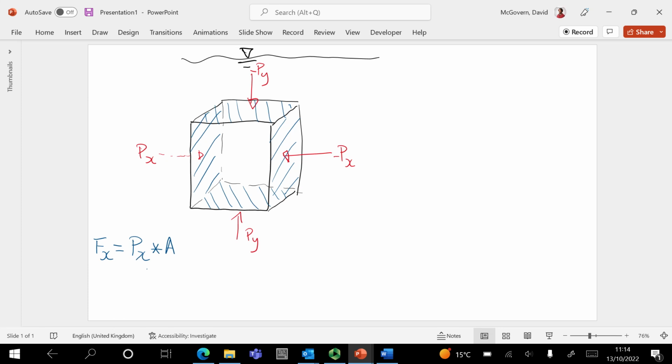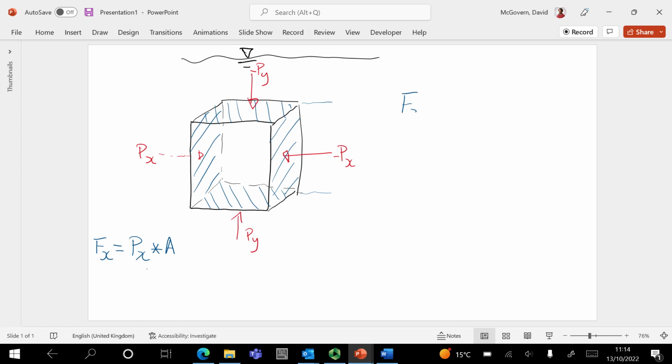Now, if this cube was really, really small, then we would know that the pressure isn't actually changing with height. Okay, so let's say the cube is tiny, so small that the change in pressure from this point to this point is just negligible. Then we'd be able to say quite easily that the force in the x direction equals the force opposing it, the collinear force, the negative force in the x direction.